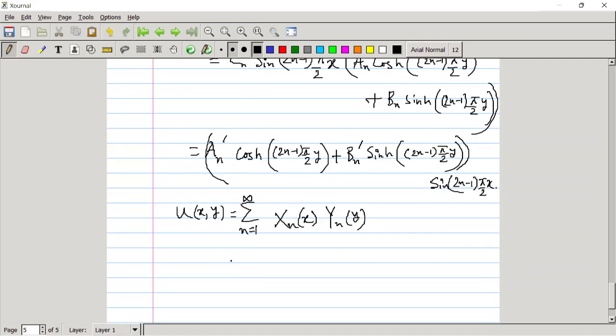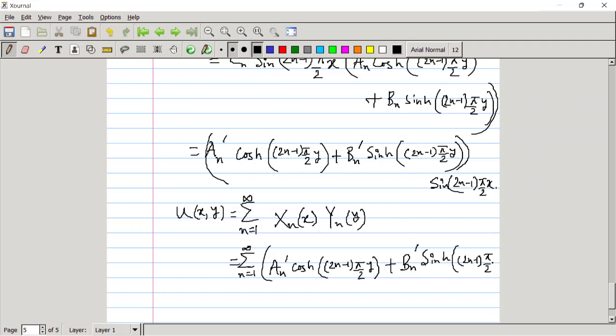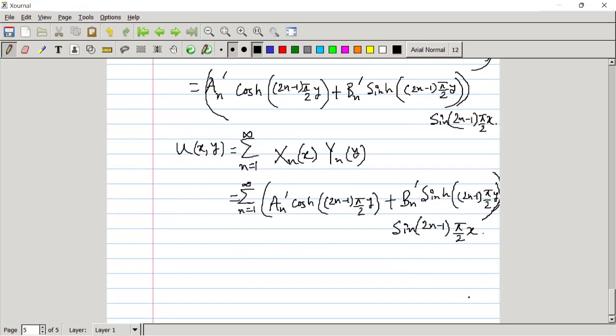I will put the summation, and the rest is the same as X_n(x) into Y_n(y), which I just calculated: the sum of (A_n dash cos hyperbolic (2n minus 1) pi by 2 into y plus B_n dash sine hyperbolic (2n minus 1) pi by 2 y), the whole bracket, into sine (2n minus 1) pi by 2 into x. This is my u.